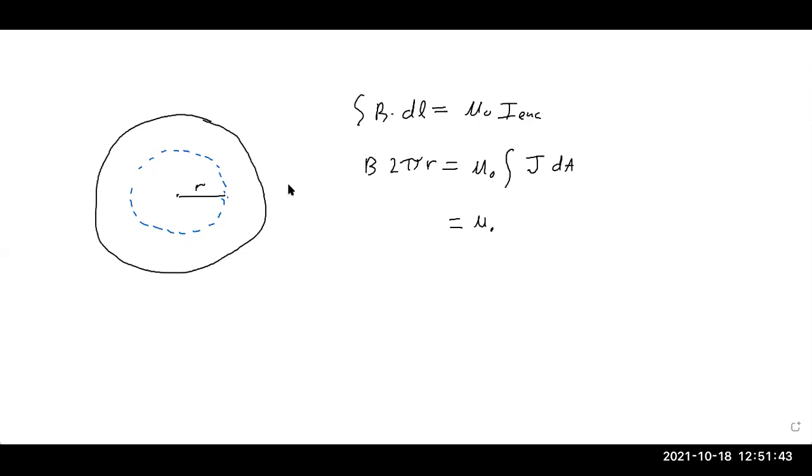So to turn this into an integral dr, the amount of current that we're going to get in this little dr ring is going to be our area times our current density at that area.